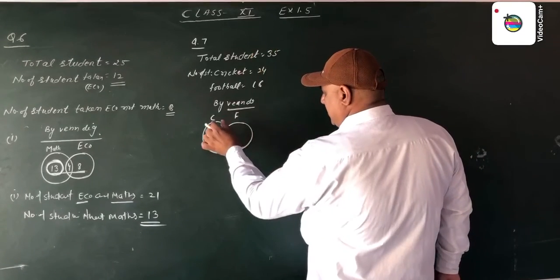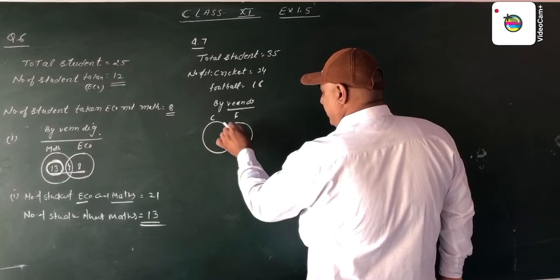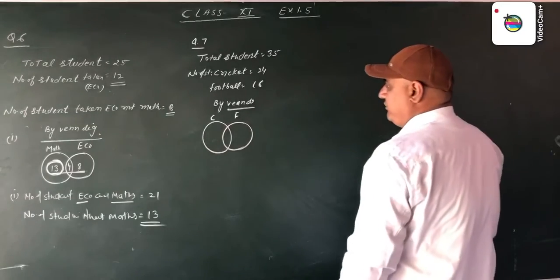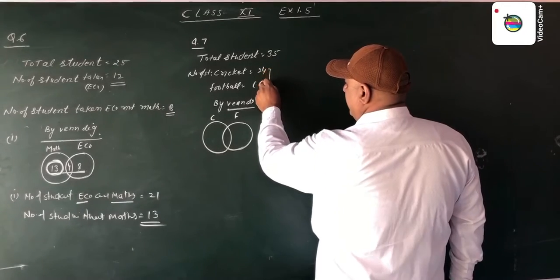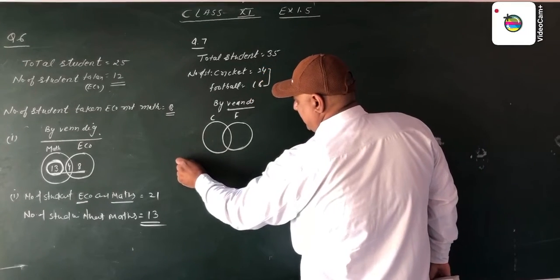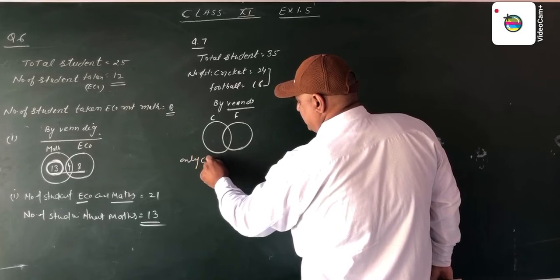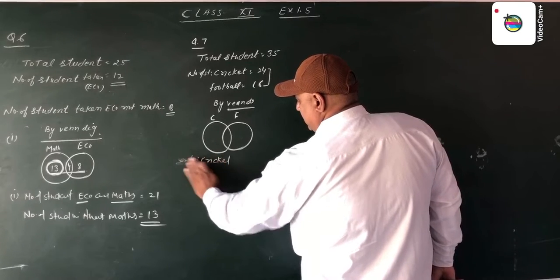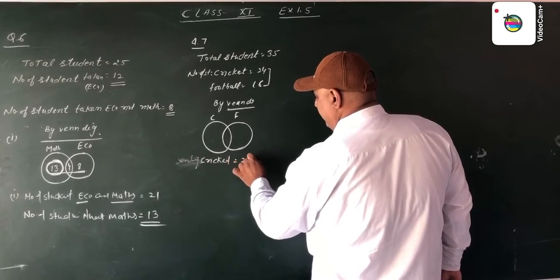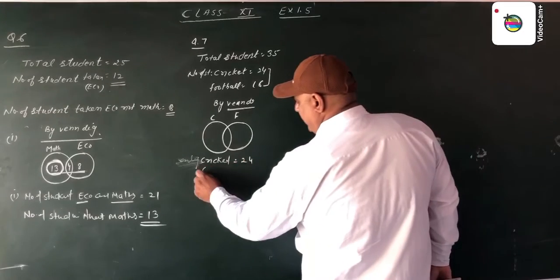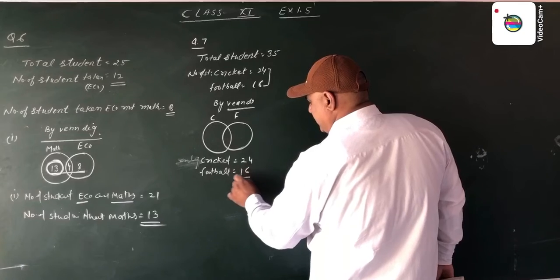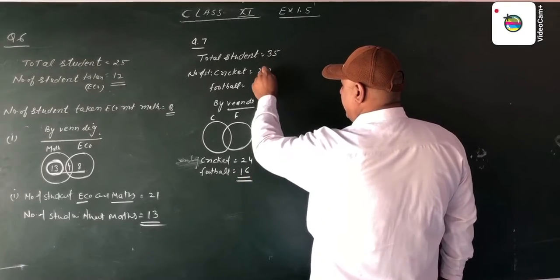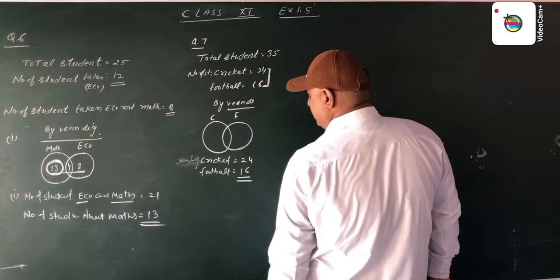It means cricket plus football plus common students is 35. But here the number of students of only cricket is given as 24 and football is 16.